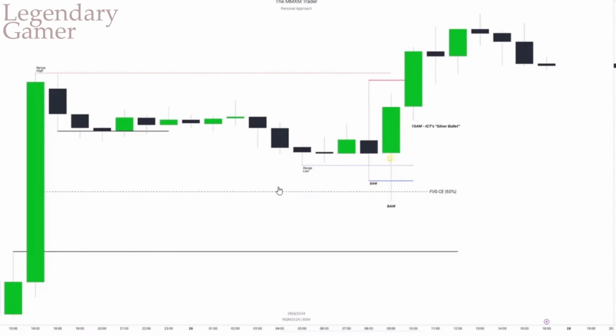So the ICT Silver Bullet is the 10 a.m. candle. We can see the 9 a.m. candle taking out the 8 a.m. candle low in a higher time frame key level, which is this fair value gap CE, right? And closure inside of this range is very important. So now when the 10 a.m. candle opens up, which is the ICT Silver Bullet window, we can look for a trade opportunity targeting that range high, which is up here.